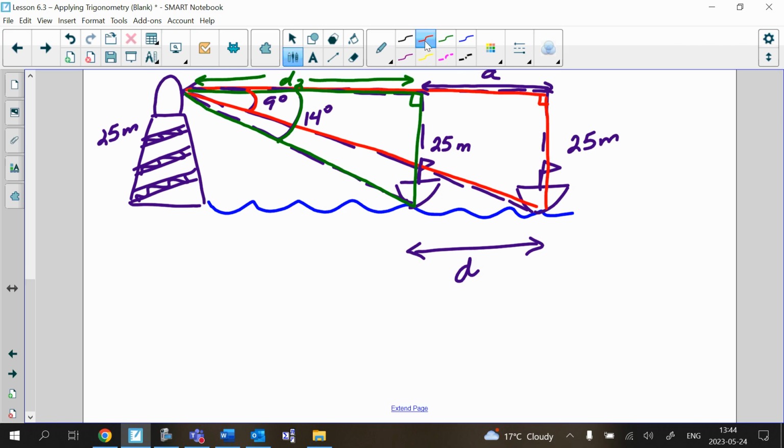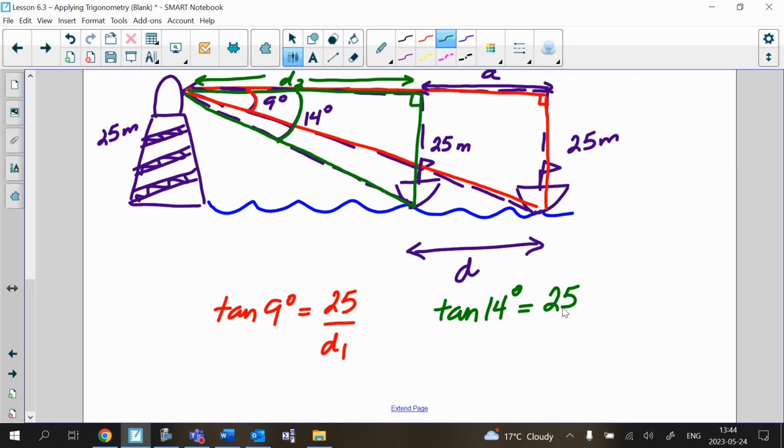And the tan of 9 degrees is equal to 25 over D1. Similarly, for the green triangle, I'm going to do the tan of 14 degrees equals 25 over D2. That's how I'm going to find D2. So now we just got to use algebra to solve each one. And then subtract the two to get our final answer.